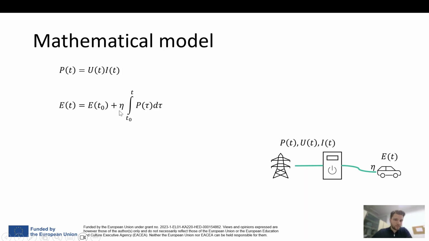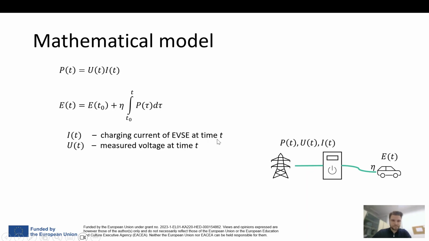Well, we can of course say that the charging efficiency is a function of the power, and if this is the case, we can describe it with, let's say, a quadratic equation or some logarithmic or exponential equation as a function of the power and include it back in the integral. At this point, for simplicity, we assume that the charging efficiency is constant and we take it in front of the integral.